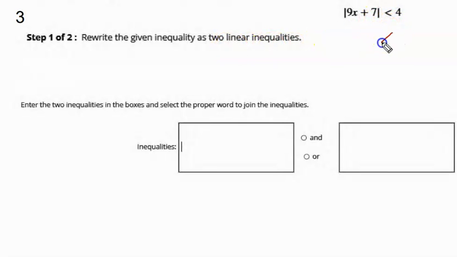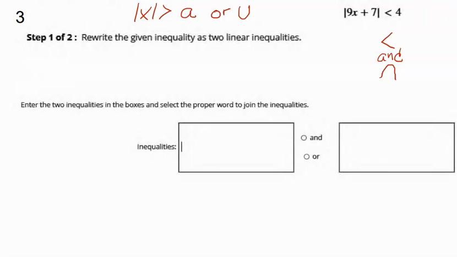Now in this configuration, this is an "and," or an intersection. Keeping in mind the other was absolute value of a is greater than, this was an "or," a union. All right.